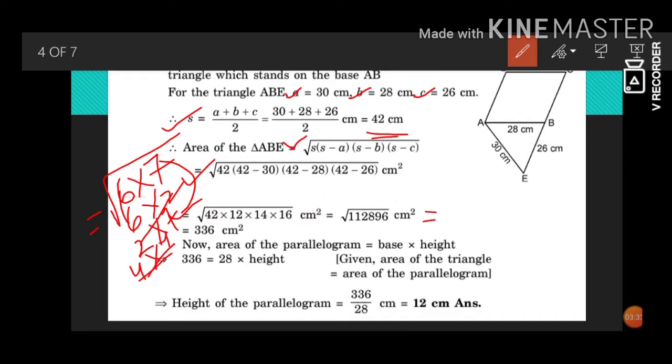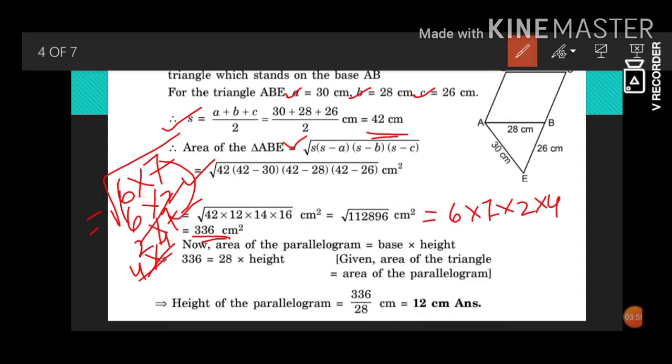So we will get 6 into 7 into 2 into 4. If we take the paired numbers out of the root and multiply, we will get 336 centimeters square. So this is the area of the triangle.